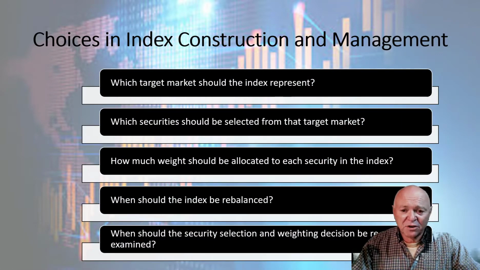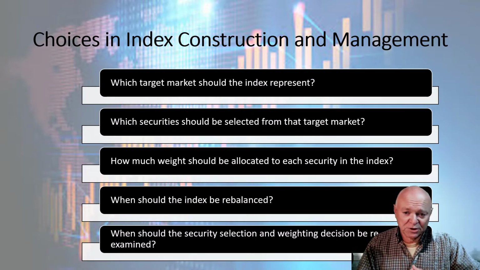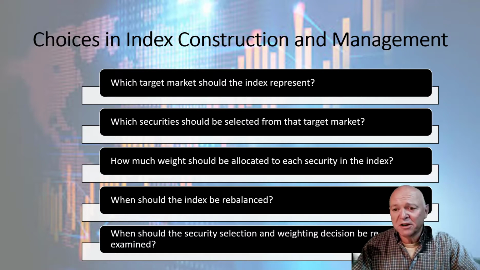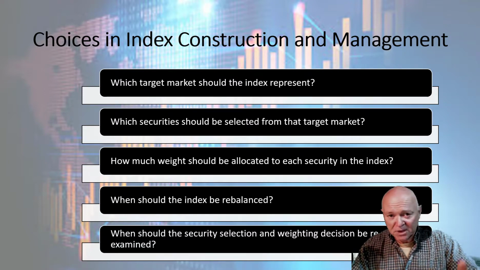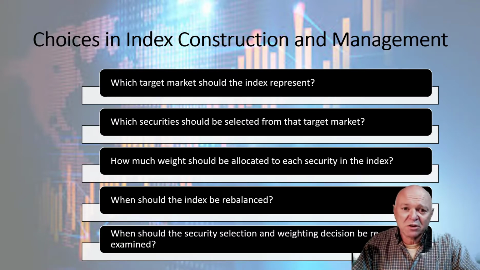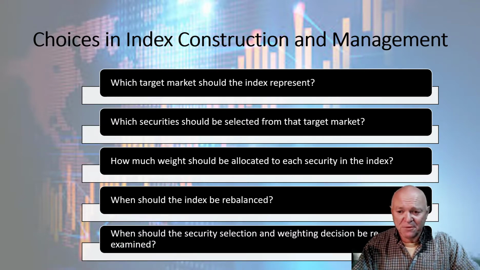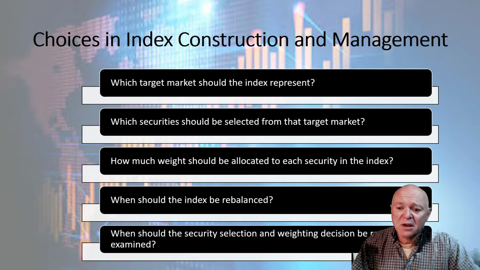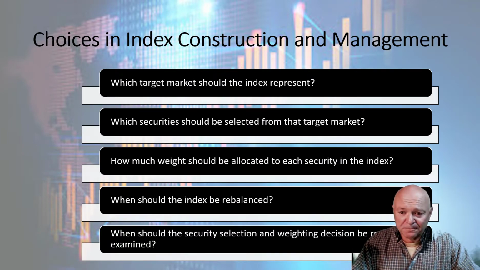Some of the things that are part of the decision on how to create a stock index: which target market should we use? We'll look at all of these things separately in just a minute, but these are some of the headlines. What target market should the index represent? North America, the world market, small companies? What is the target market that we're trying to define? Which securities? How broadly should we sample? Should we choose all of them or just a few? Which ones are we going to sample?